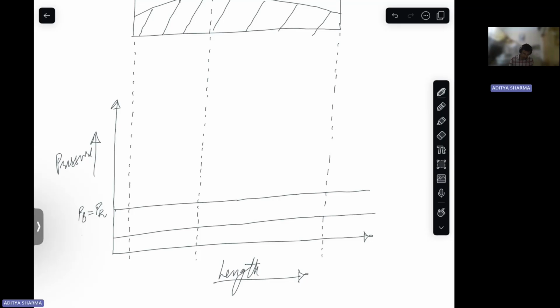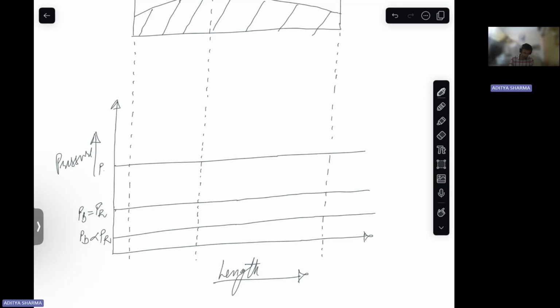Then is your PB is less than PE. Okay, so the cases are as were discussed in your convergent duct.